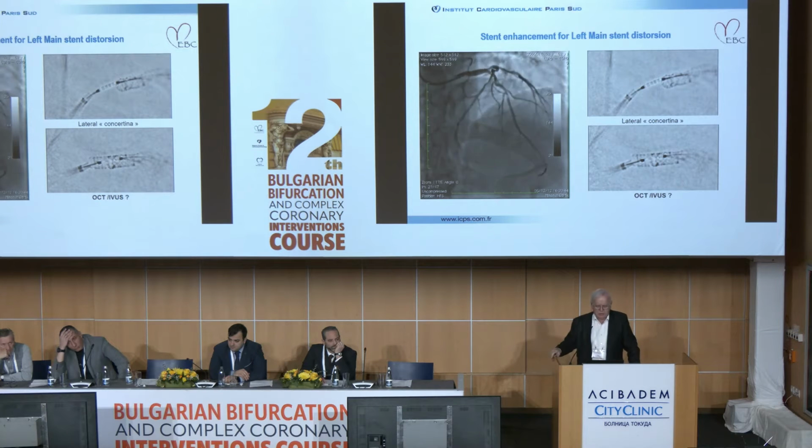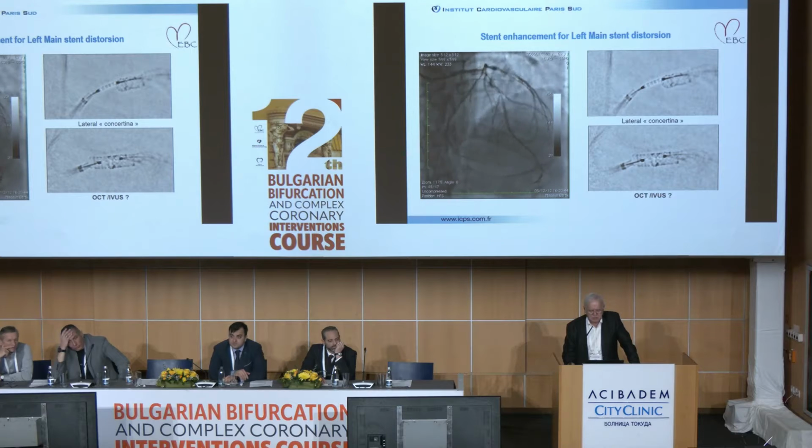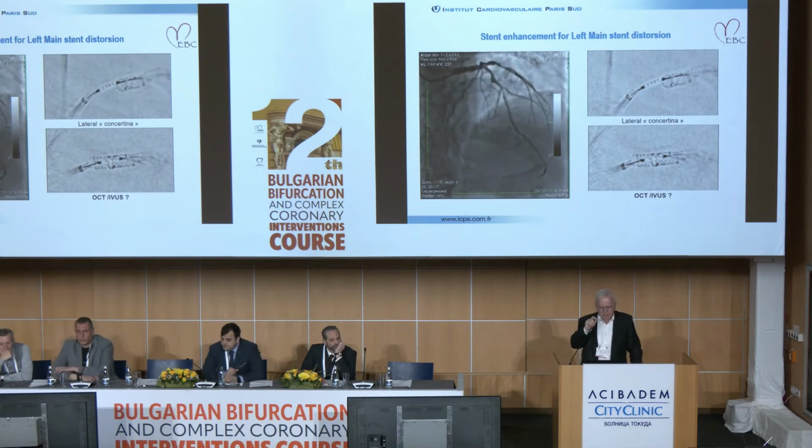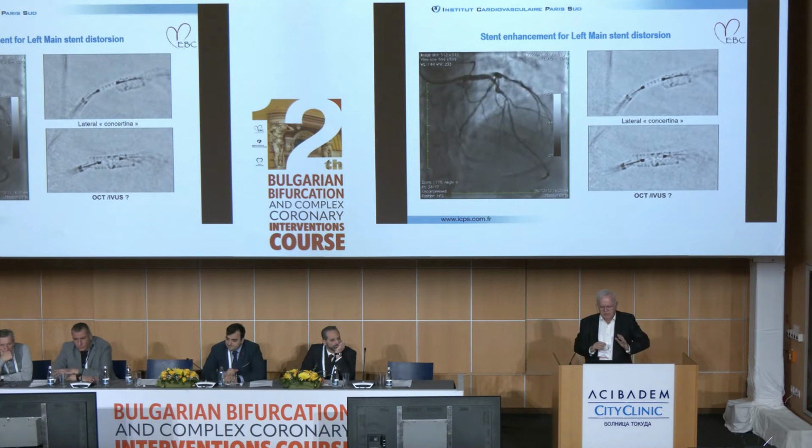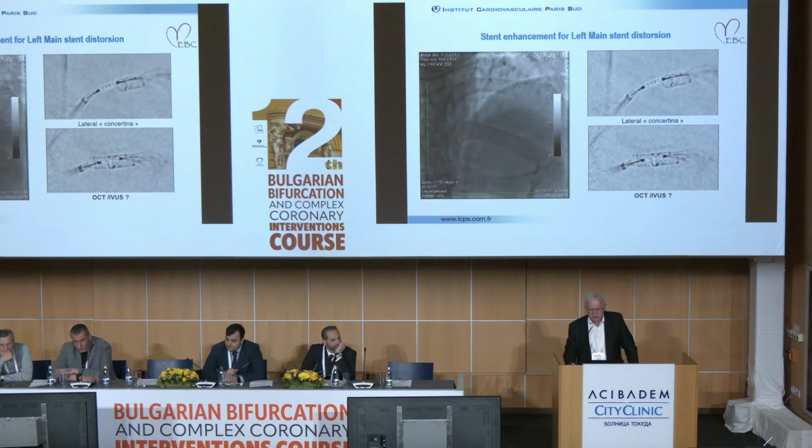If you look at the bottom right, here you see inside the stent these very dark dots, which are overlaps of stent. So the stent was pushed, and normally it was laterally pushed, and you will understand what I say.